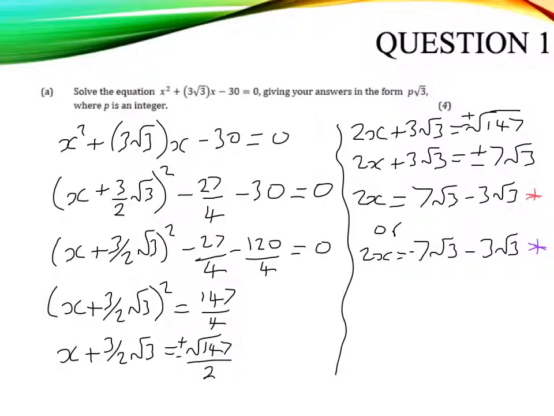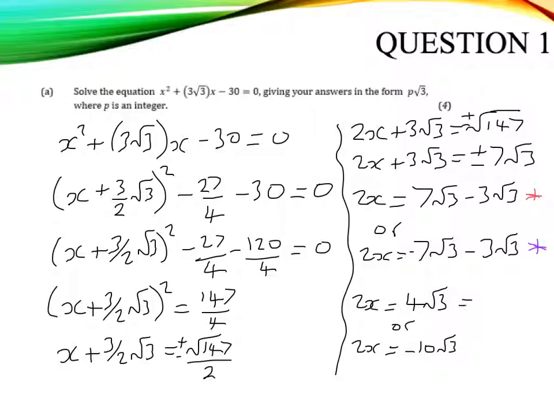Again, collect my like terms together. So 2x equals 4 root 3, or 2x equals minus 10 root 3. But I want to know what x is, so I have to divide both sides by 2.